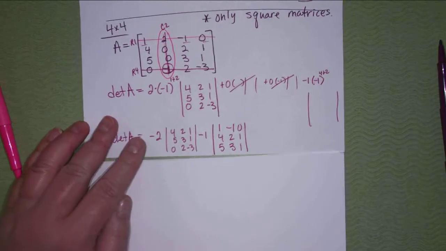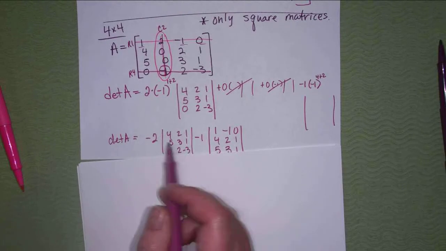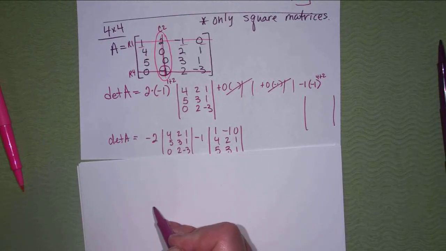If you had a 6 by 6, you would write out your Laplace transform. Each minor would be a 5 by 5. Then you would pick a row or column in the 5 by 5, write out the Laplace transform. Each one is a 4 by 4, and you would just keep doing that. We're not going to. We're going to just do it by the forward and backwards, adding and subtracting.